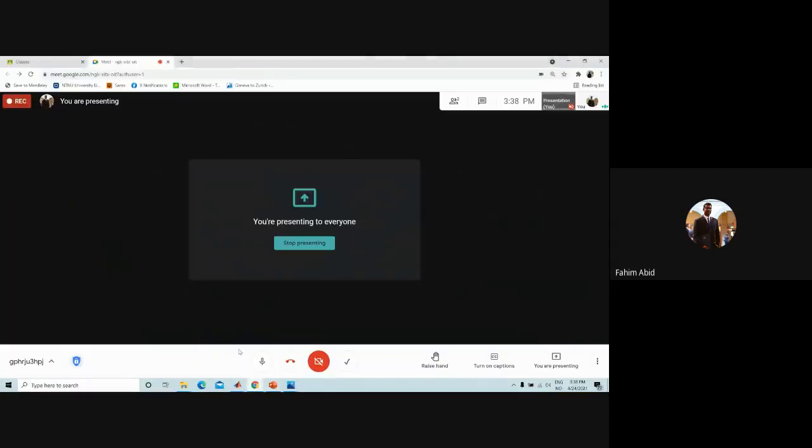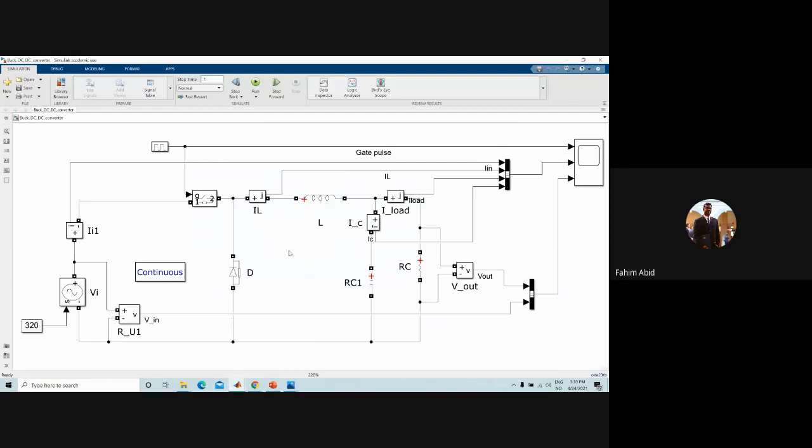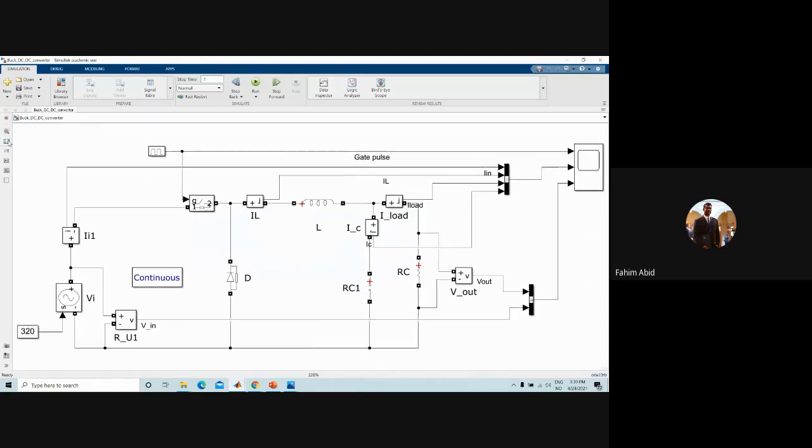After that we will see the simulation of the circuit. Here we have basically constructed the same circuit in Simulink, and here our input voltage is 300.